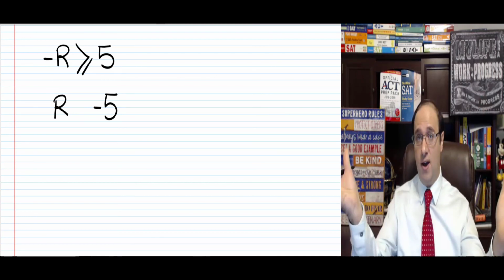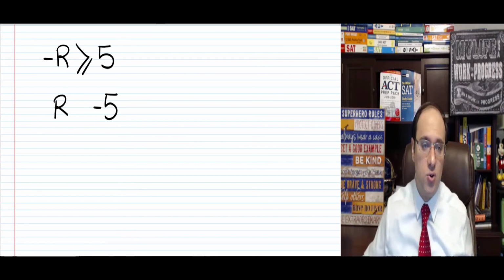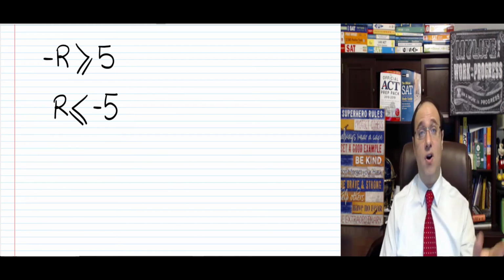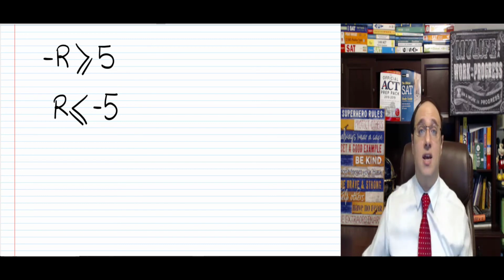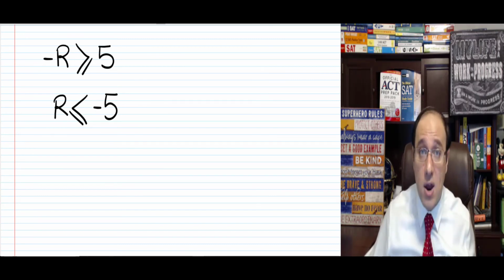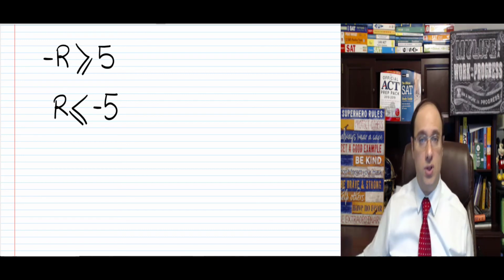Negative r and 5 became positive r, negative 5. But I must also switch the relationship between them. So negative r is greater than positive 5. Positive r is less than negative 5. What about the equal right here? No problem. It's greater than or equal. It became less than or equal because the equal doesn't really matter.